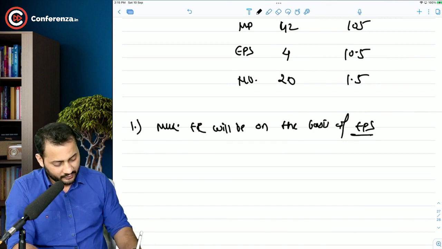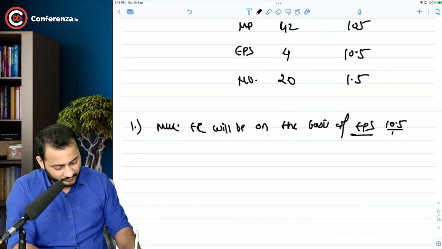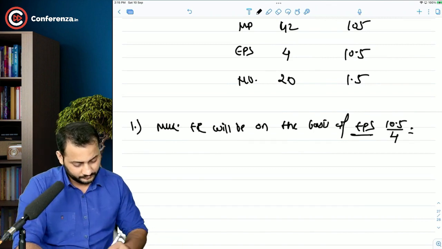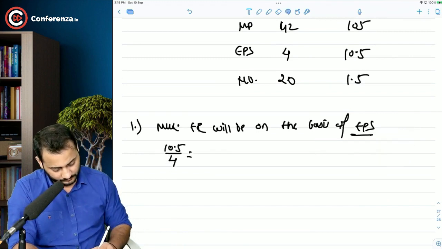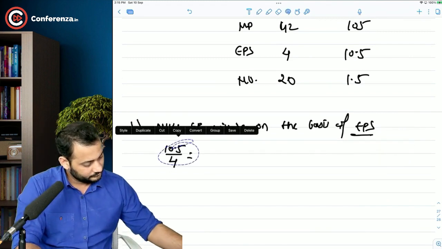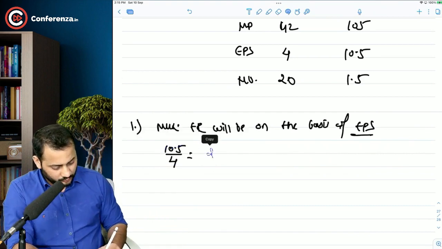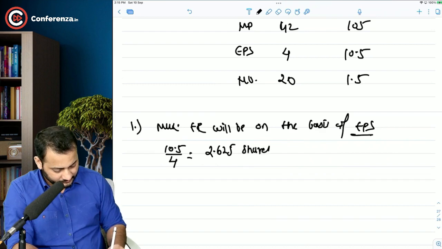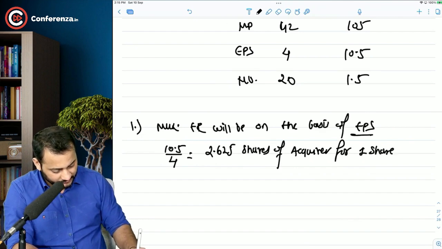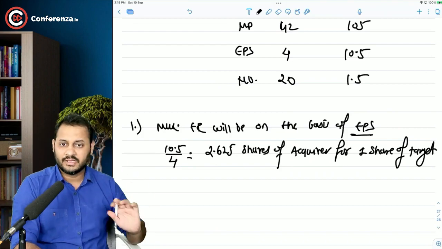Target divided by acquirer is 10.5 divided by 4, that's 2.625 shares of acquirer for 1 share of target. That's the exchange ratio.